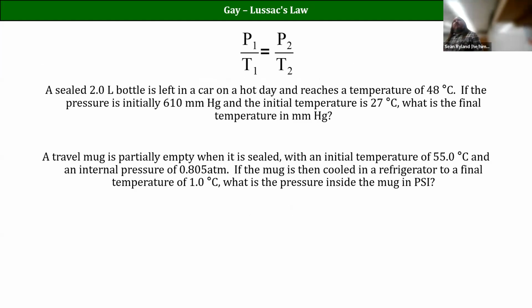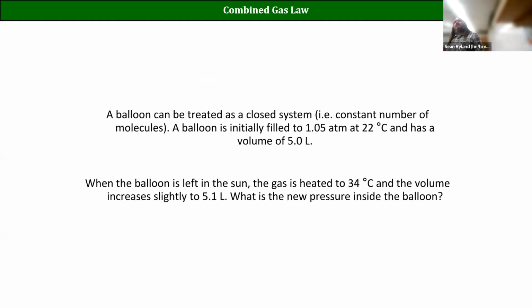And then there's one more way we can look at this, which is basically taking all of these and combining them into one combined gas law, which is still considered a simple gas law. If we do the same sort of substitutions we were doing before, we can get P1 V1 over T1 equals P2 V2 over T2.